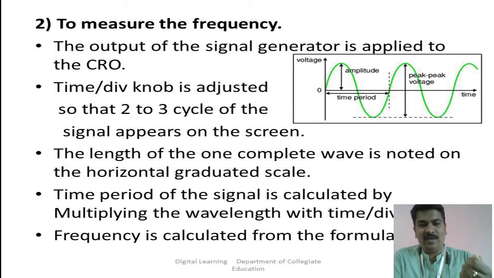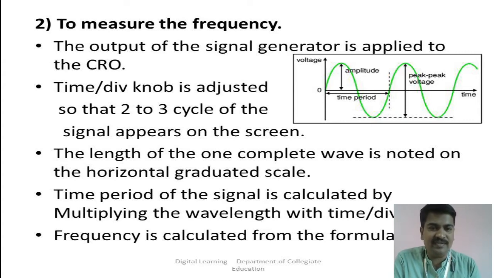If the knob is set for 2 milliseconds, you multiply that 2 milliseconds with the wavelength of the wave which appears on the screen, and that multiplication gives us the time period of the wave. After finding the time period, you can calculate the frequency by taking the reciprocal of the time period.